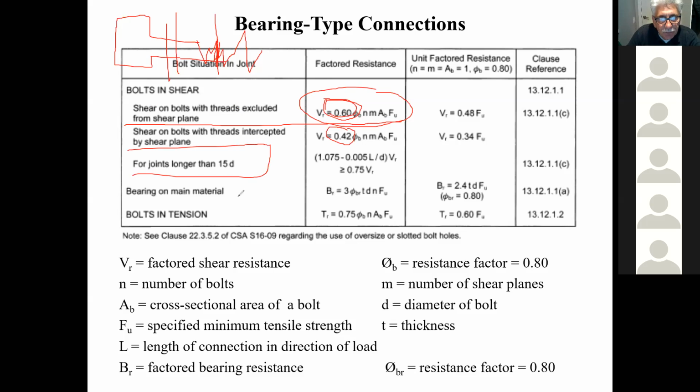So for example, if I have a bolt here, okay, and I have a plate here like this, and it's going there, and I have a plate here like this, and it's going there, okay. So what's happening, let me just change color in case we need to explain something.